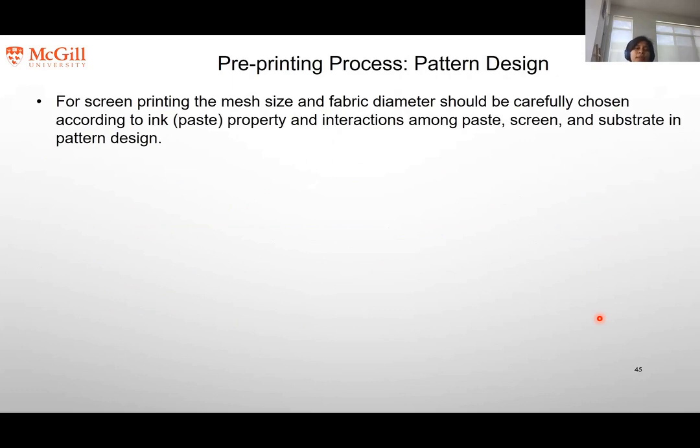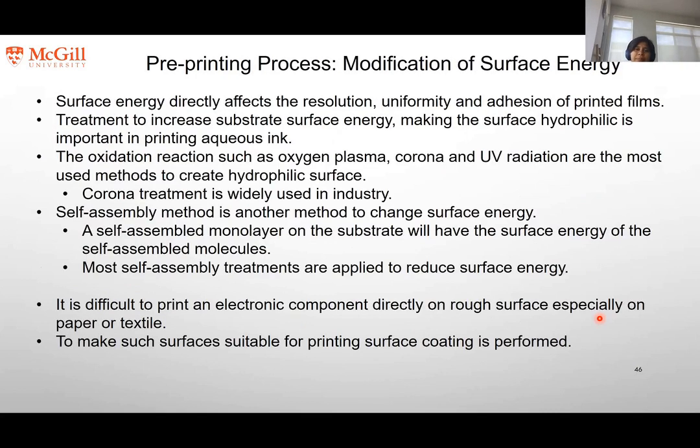We need to choose the right mesh size and fabric diameter, and it should go according to the ink property and the interaction between the ink, the screen, and the substrate. So pattern design is very important: how we choose the dot spacing, the gravure blade, and the screen.